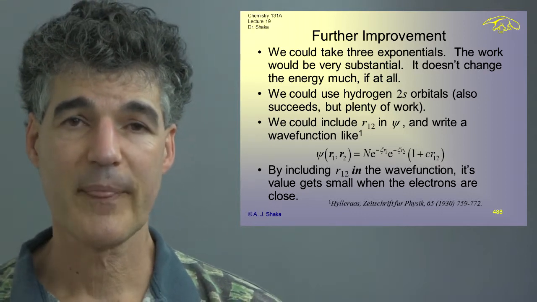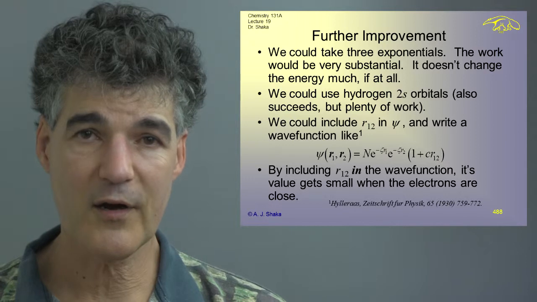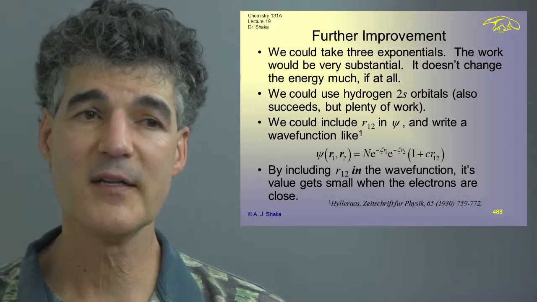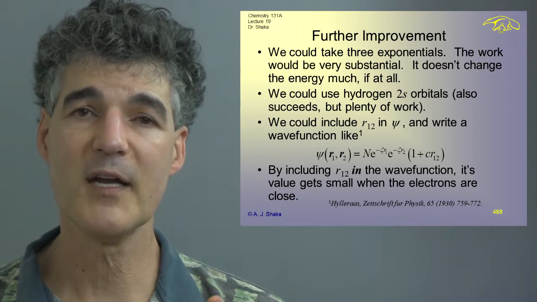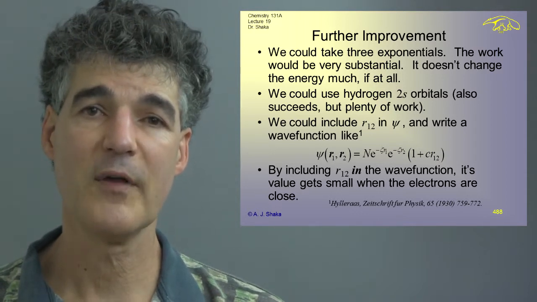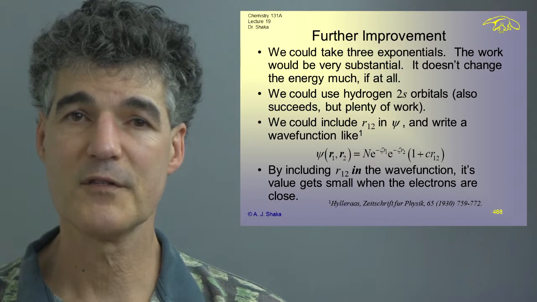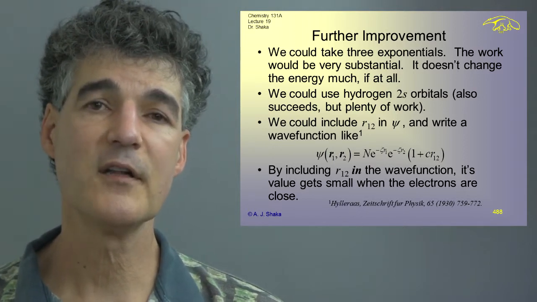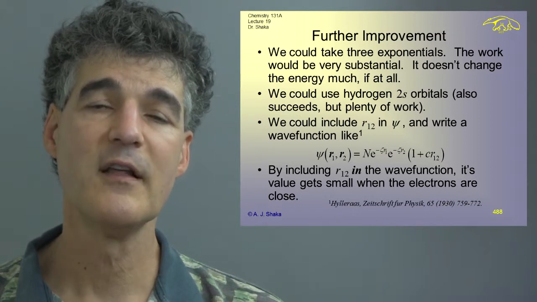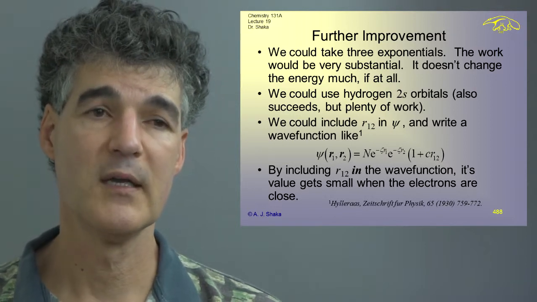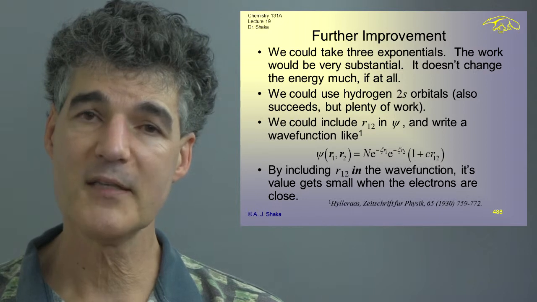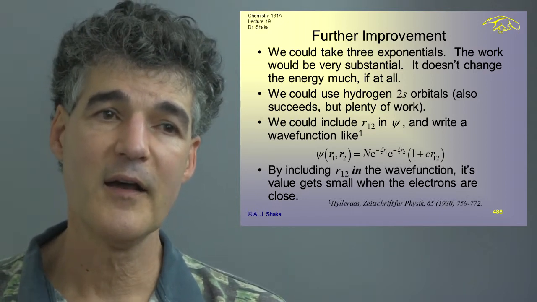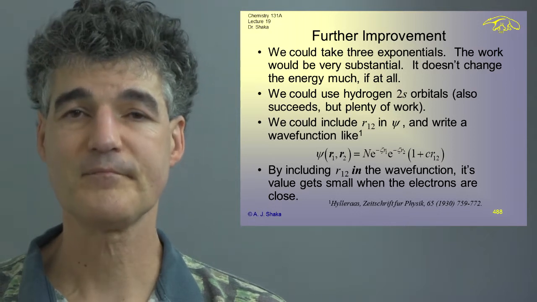He picked psi of R1, R2 as some normalization constant times e to the minus zeta R1, e to the minus zeta R2. That part was the first one we did. We know that doesn't work. But then he included a term in the wave function that has R12. So he took 1 plus some constant, c, times R12.